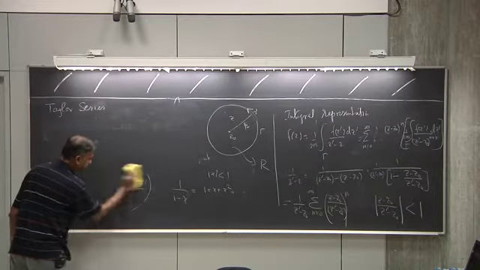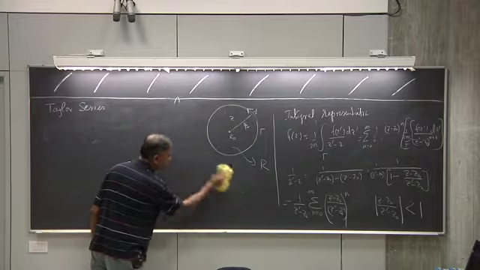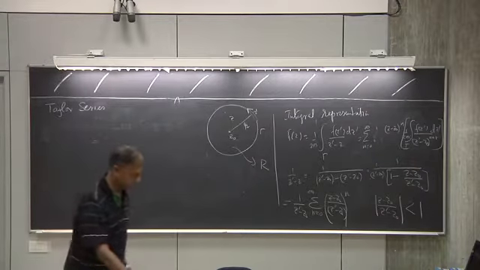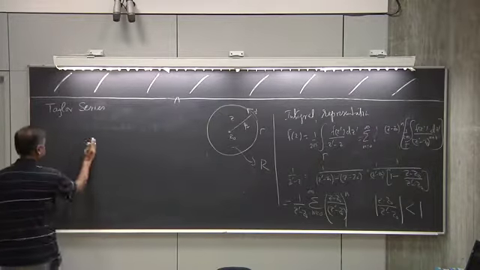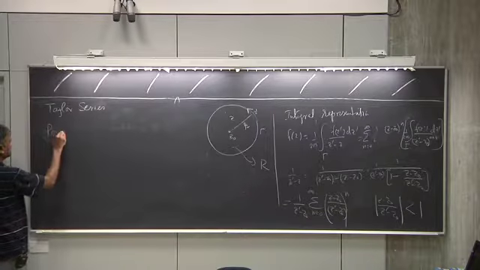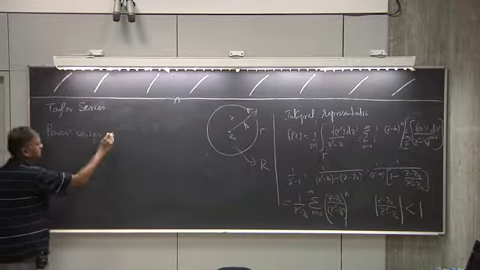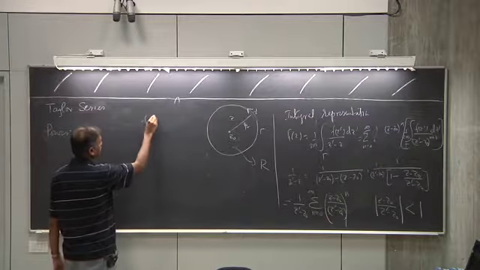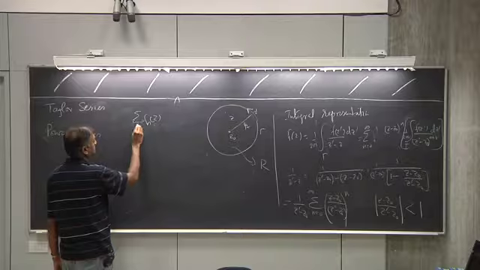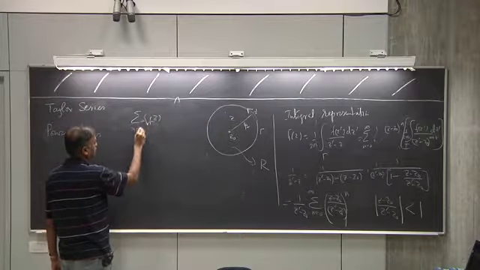For that I'll prove a general statement about power series. This is called a power series, by the way. In general, a series would be the sum of f_n(z), with n going from 0 to infinity.